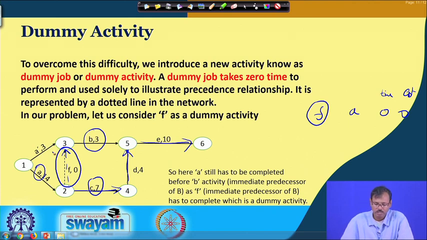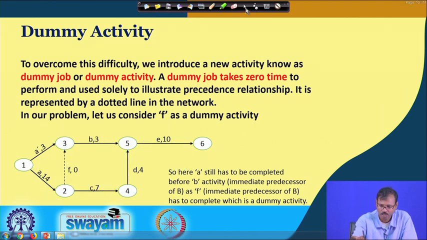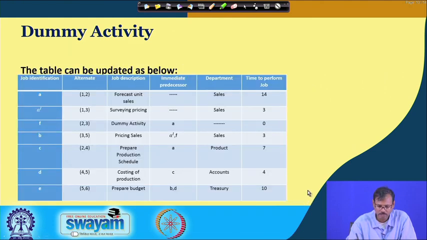So, this is the way using the dummy job we can complete a critical network in the system. So, let us see how the table may be formed in this case.